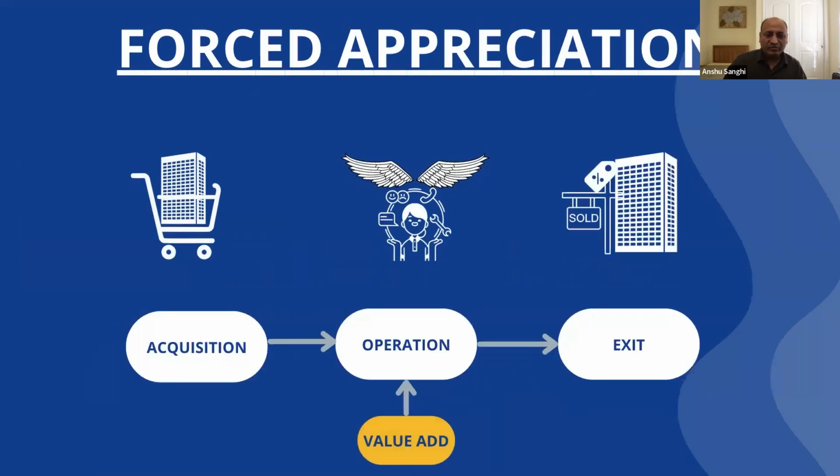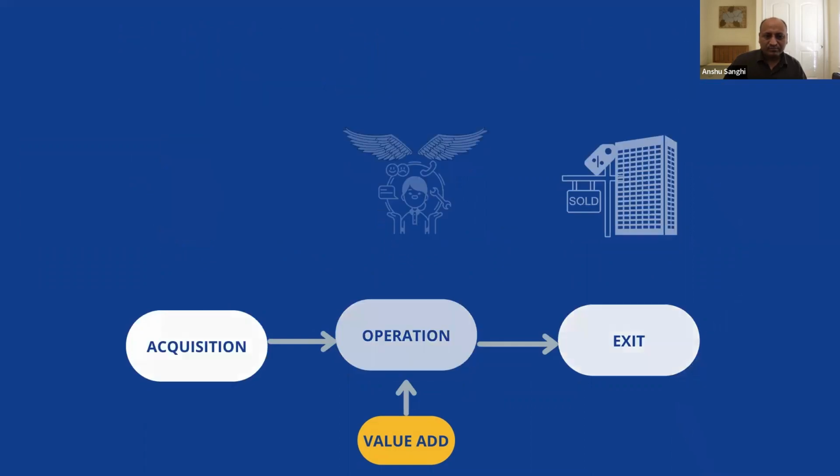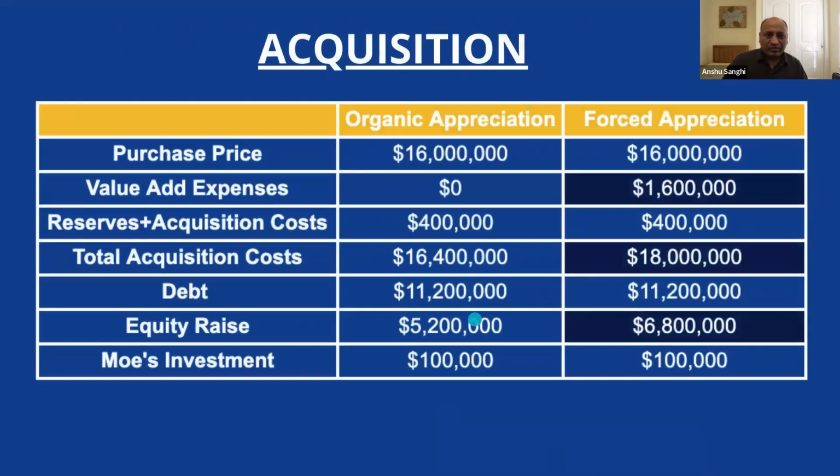Now let's consider what would happen if the sponsor had actually planned to increase the rent to bring it to par with the surrounding properties, which are renting for $900 per month. Even before acquiring, they would have to budget for the value-add expenses, estimating an average of $8,000 per unit renovation cost. For 200 units, it will be 1.6 million.